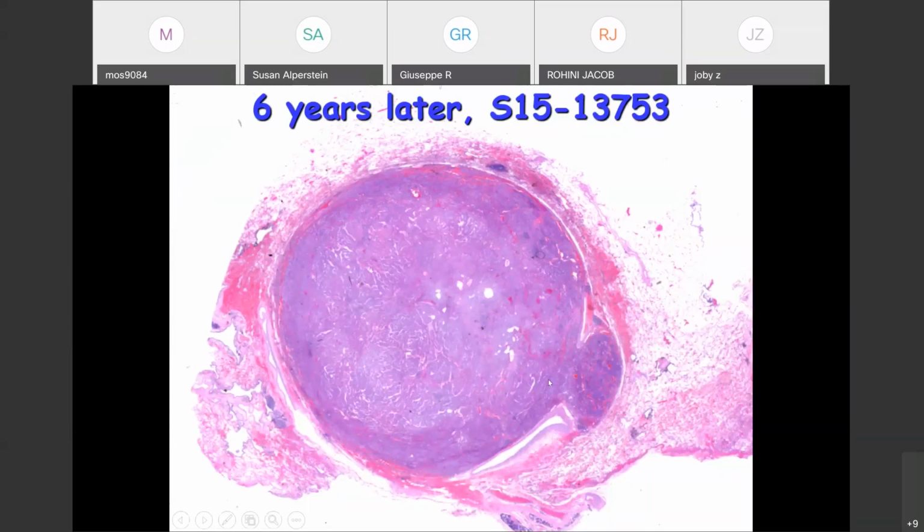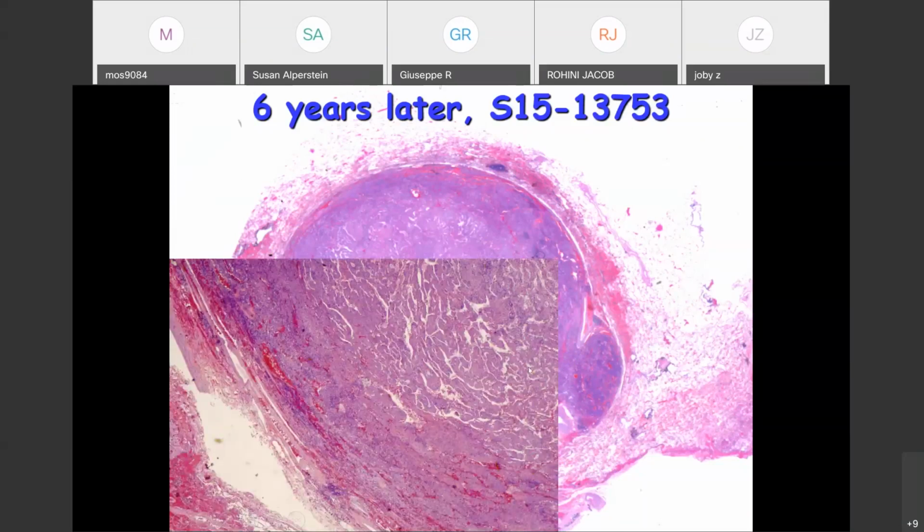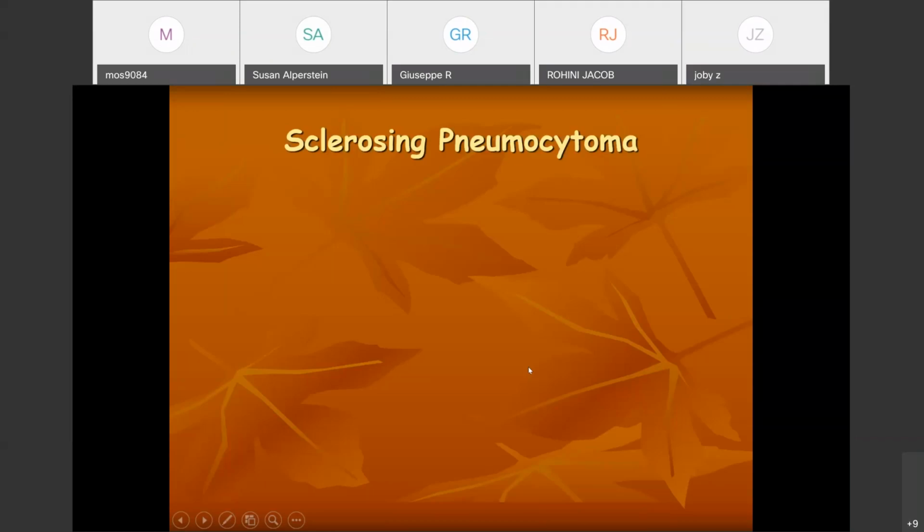She ordered me a review, and I think the reason why they took it out is because CT shows something coming out. But I think it's because the aspiration punctured a hole, and this tumor grew out of it. And here's the tumor. It's diagnostic, sclerosing pneumocytoma.